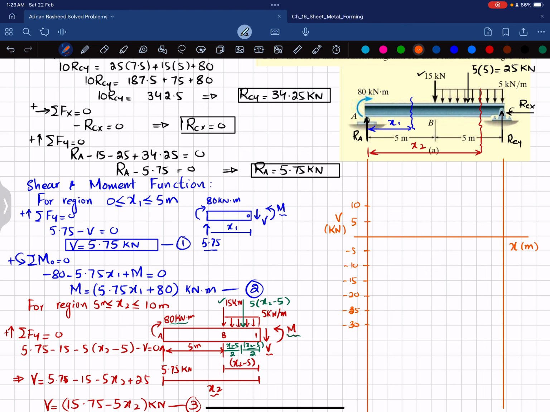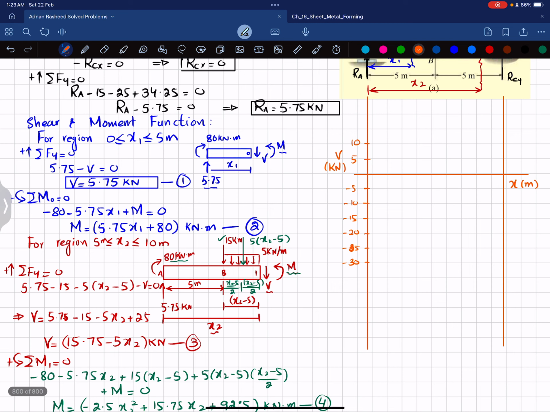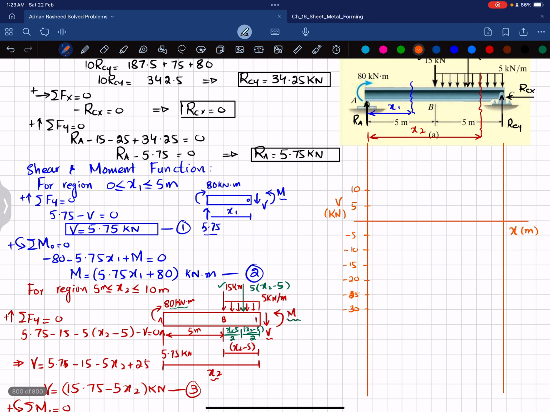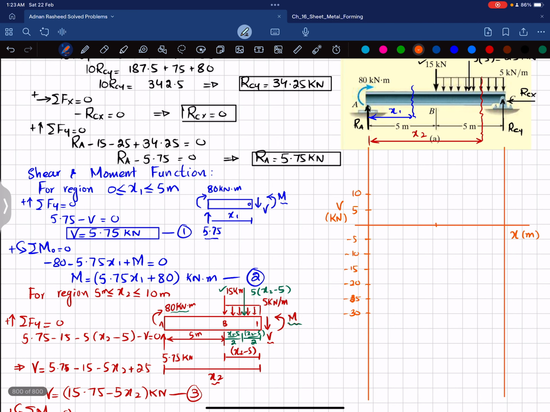Okay, starting with this first equation. For shear force in this region, you can see this is a single constant value, 5.75. So it means that shear force will remain the same for x greater than or equal to 0 and less than 5 meter. So you can see this is the length of 5 meter. This is the mid of the beam.